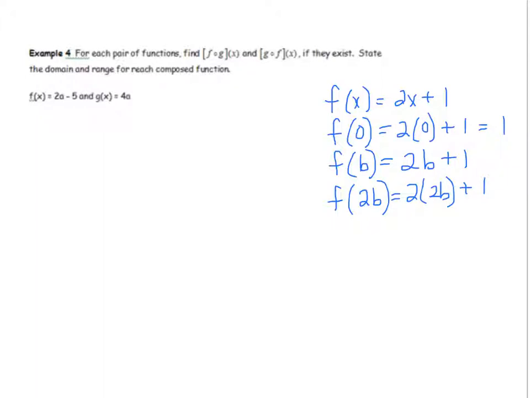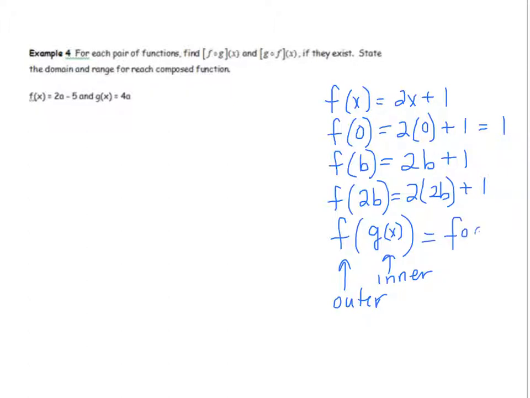So a composition function says, I'm going to take g of x, that function, and I'm going to put it in for the x in the f function. So you've got an inner function, and then you've got the outer. So what that looks like algebraically is f of g of x.